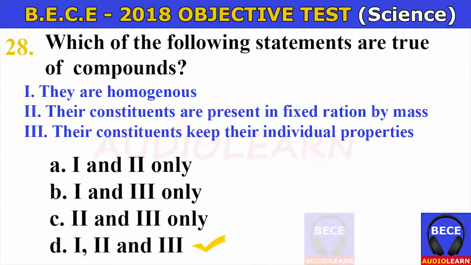And the answer is C. II and III only. Their constituents are present in fixed ratio by mass, and their constituents keep their individual properties.